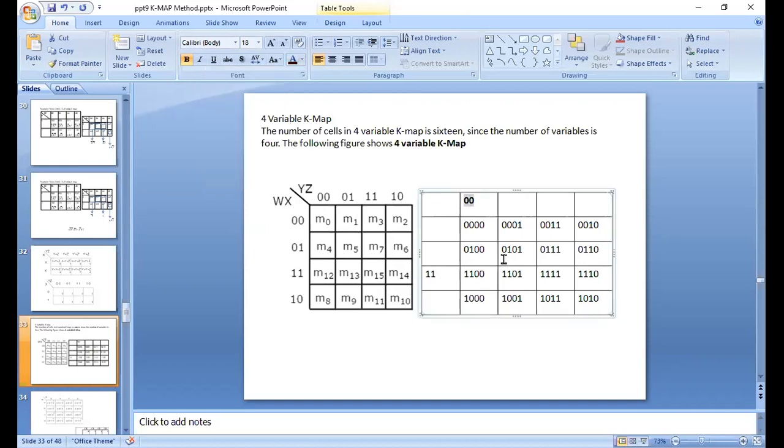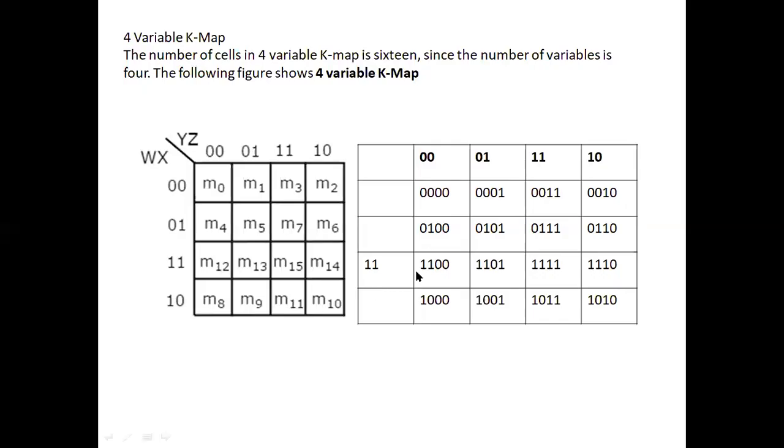That is 1, 1, 0, 0, 1, 1, 0, 1. All ones, 4 ones is here, so it is 15. Then 1, 1, 1, 0. That is 14. So according to that, you now know how to write this row.